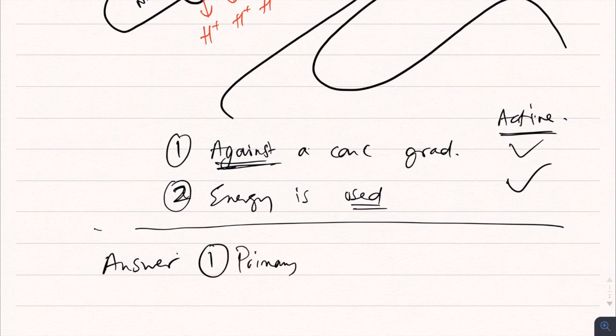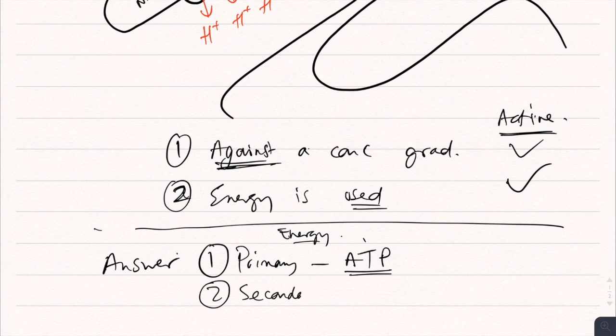Primary active transport is when you use the energy from ATP. So primary active transport uses energy from ATP in order to move things against the concentration gradient. So it's all about where this energy comes from. So primary active transport uses energy from ATP.